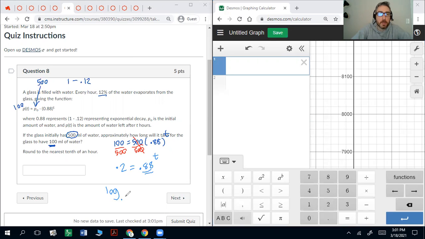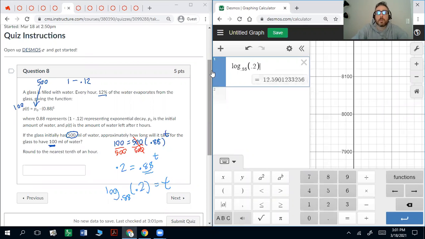Sometimes the base is on the right side, but that's the number that goes down there. And then in here, that's going to be what it equals to. So we're looking at 12.59. It says nearest tenth, so we'll say 12.6.